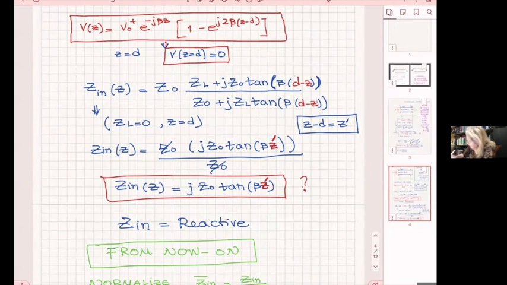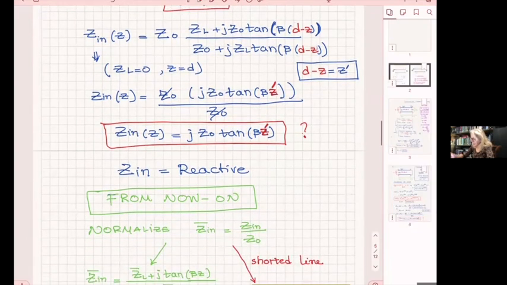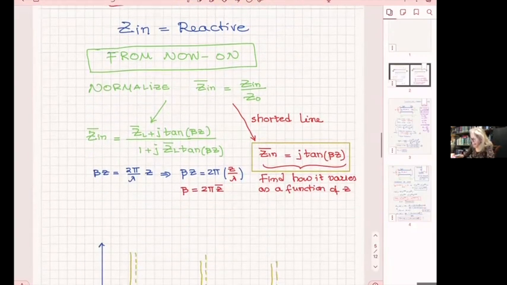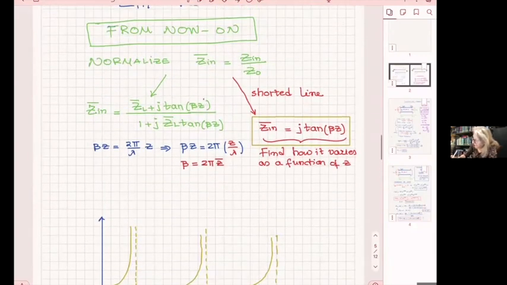Because Z is gonna be always less than, so here, let me change that, D minus Z. So if you remember that Z prime is always the distance from the load, so this is Z prime, then this is Z prime. I will put it there so you remember it, Z prime, and this is Z prime, okay?